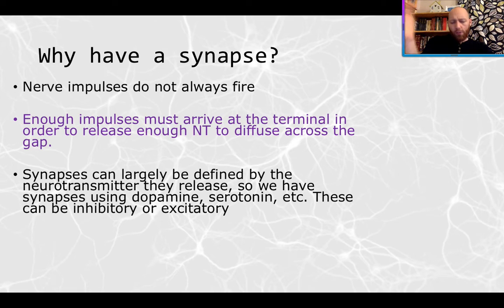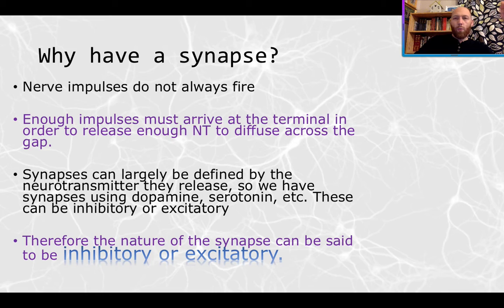An excitatory synapse is one whose primary neurotransmitter has excitatory properties, so something like acetylcholine. Whereas an inhibitory synapse is one that predominantly has something like GABA, an inhibitory neurotransmitter.